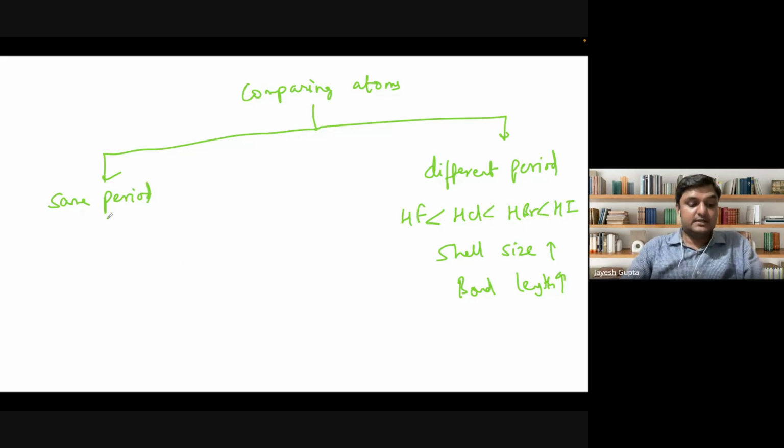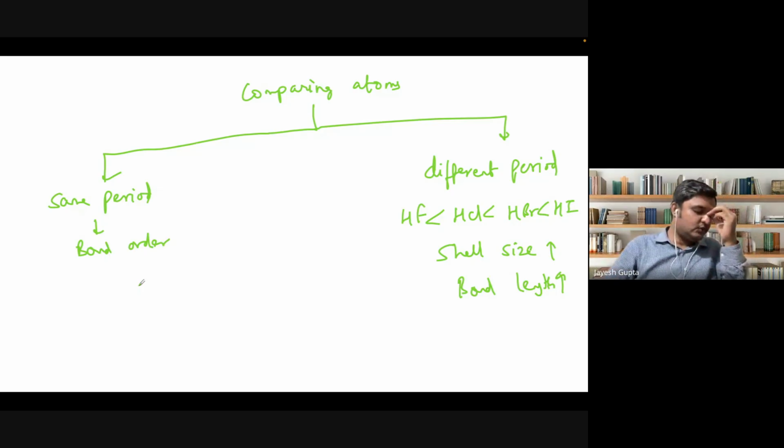But same period again, then you have to look for bond order. There can be single, triple, double bond. You can easily see bond order. Bond order is higher, so it will be like double bond or triple bond, so bond length will become shorter.